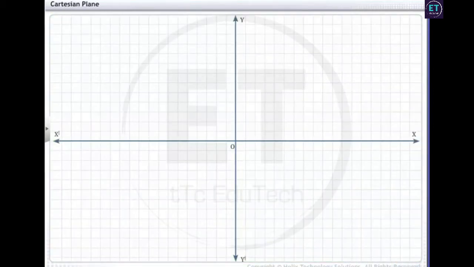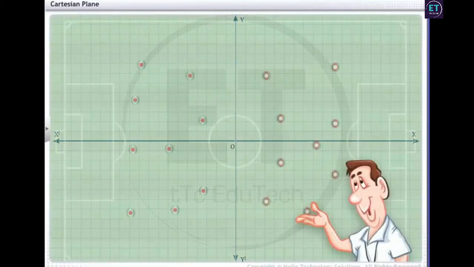On the Cartesian plane, the position of a point is represented as the distance along the x and y axes. For instance, the coach has placed player P on a certain point on the plane. The coach draws perpendicular lines from point P to the x and y axes. Point P is represented as P(x, y).